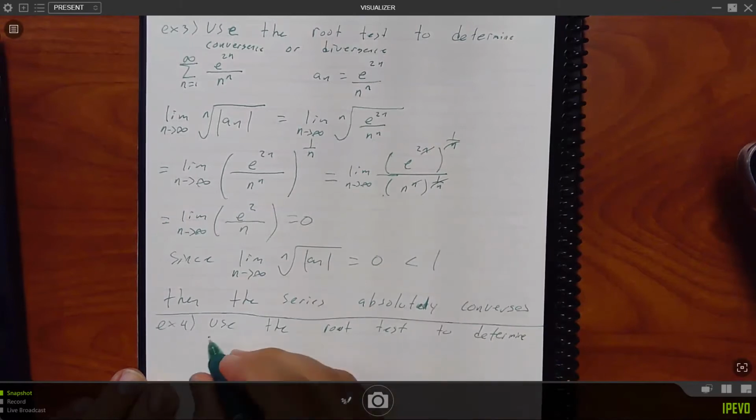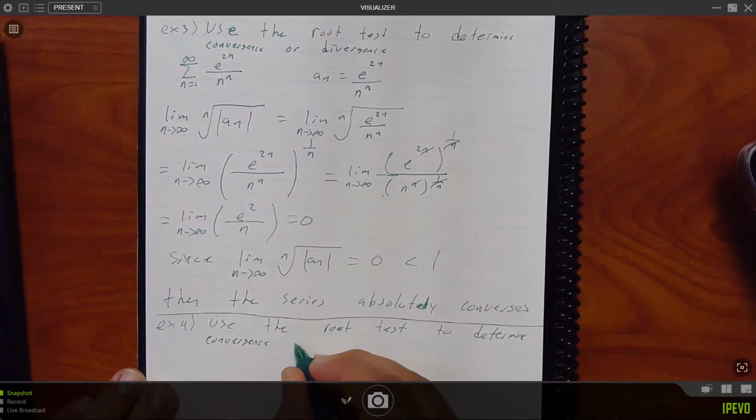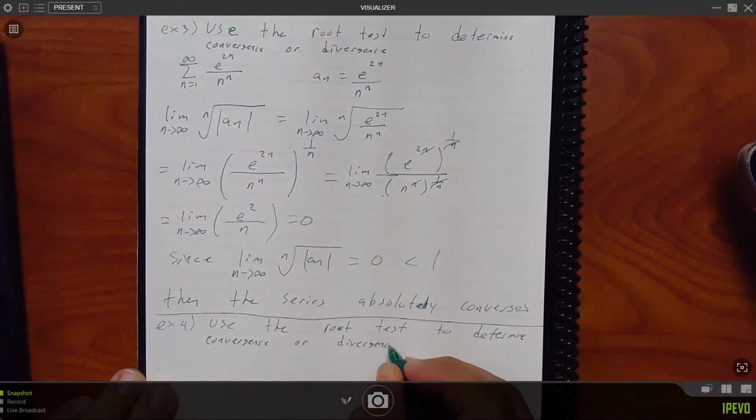Use the root test to determine convergence or divergence.